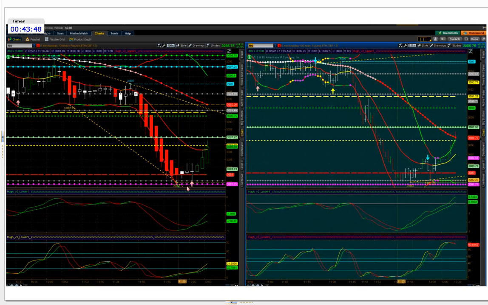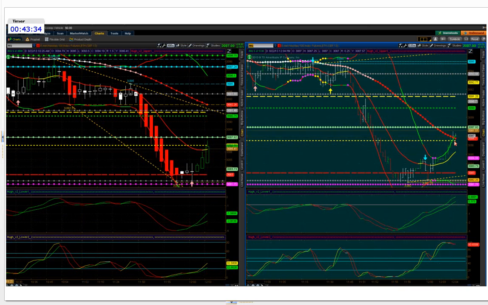Now, this is what we call a cycle low. You can see this arrow here. This is based on a candle formation here. Indicators turn to the upside. We're breaking through these indicators. I'm looking at possibly going long NQ right now.